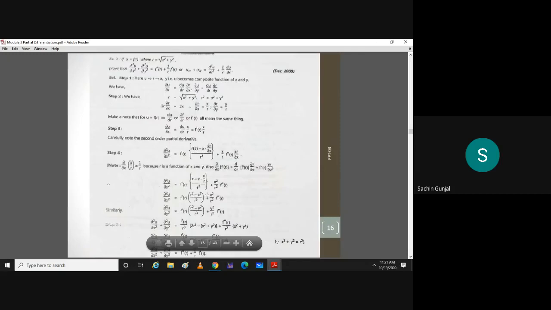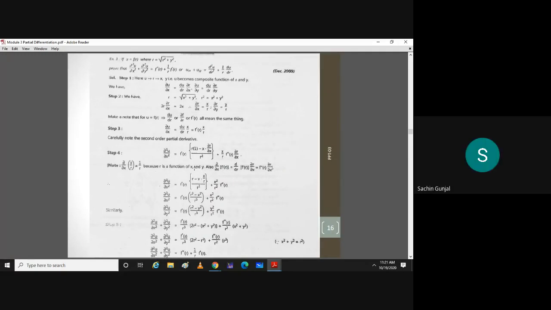Now, by symmetry, can you tell me what will be ∂²u/∂y²? The partial derivative of u with respect to y, second order. It will be the same as x, just y will come in place of x. Good.